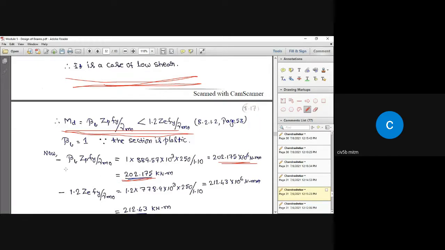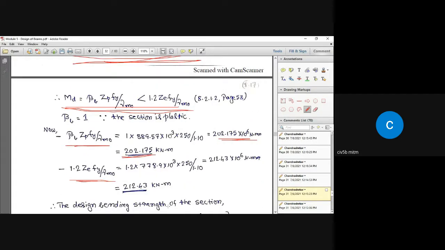And this should be less than 1.2 Ze fy divided by gamma m0 as per the codal recommendation. So find out that. So we got 212.43. So obviously this value beta b Zp fy by gamma m0 is less than 1.2 Ze fy by gamma m0. So the section is safe against bending.